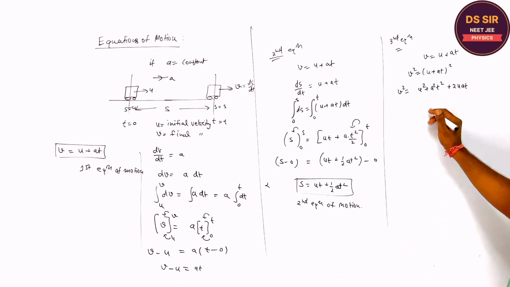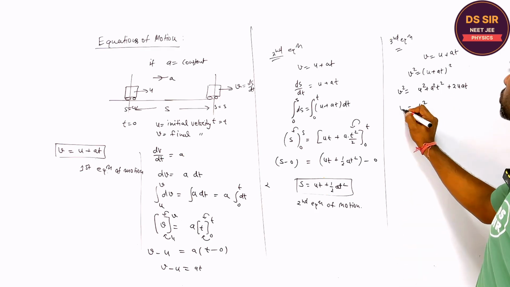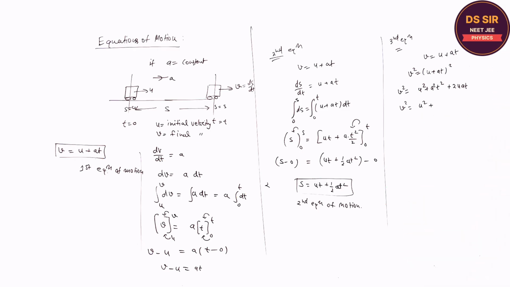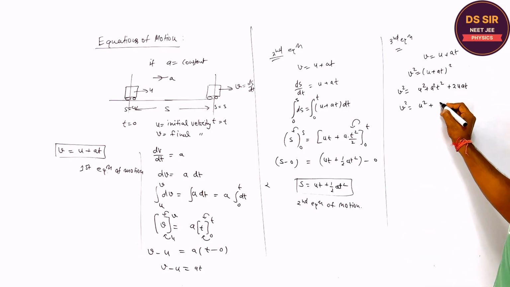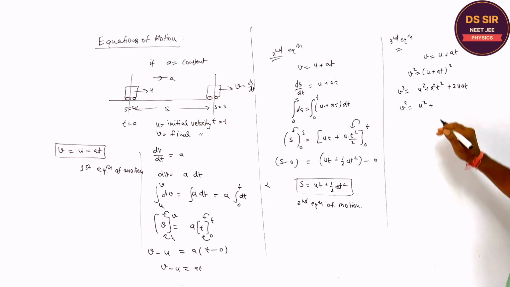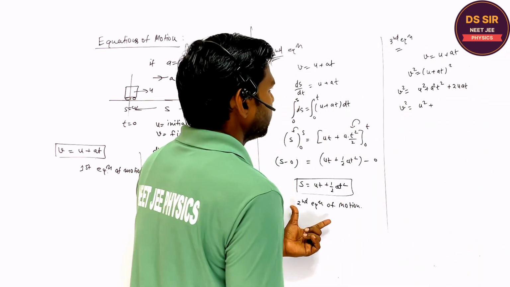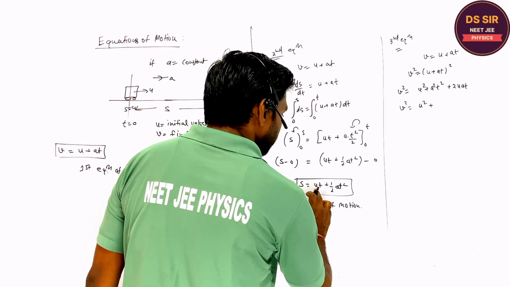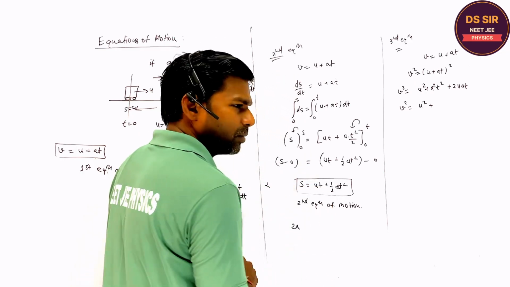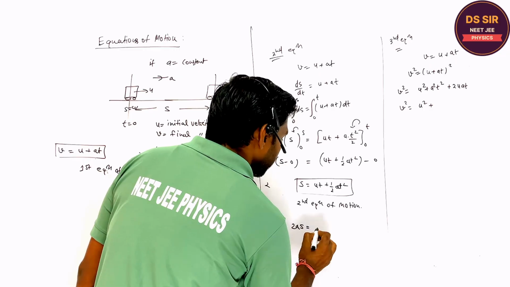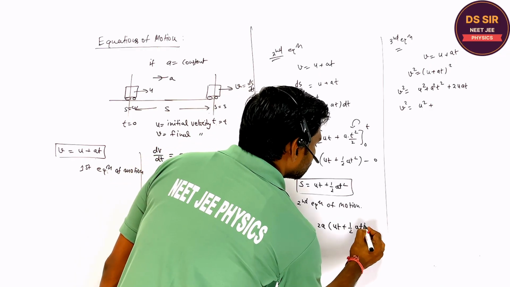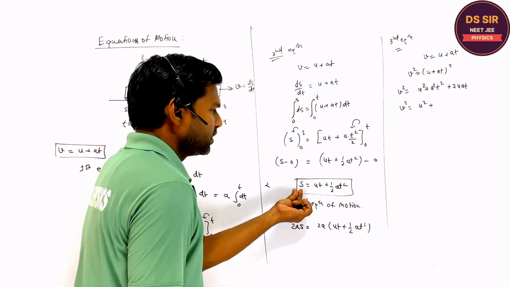Is it clear? So listen to one thing, this is v square. Now here you can write, this is ut, and if you multiply by 2a both sides, 2as is equal to 2a times ut plus half at square. Is it clear? This is the second equation.